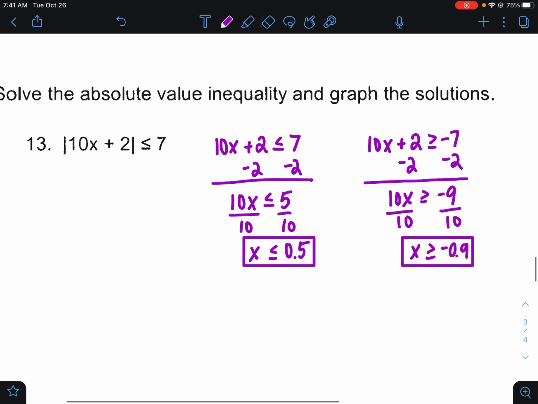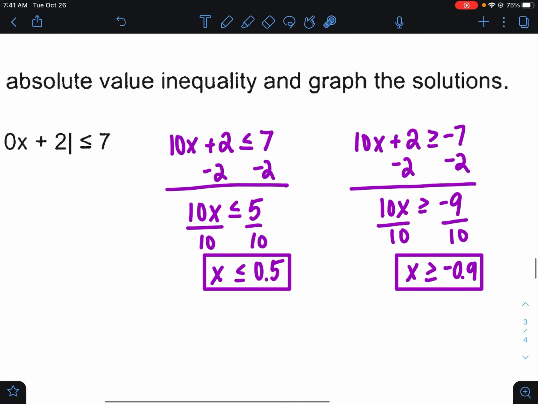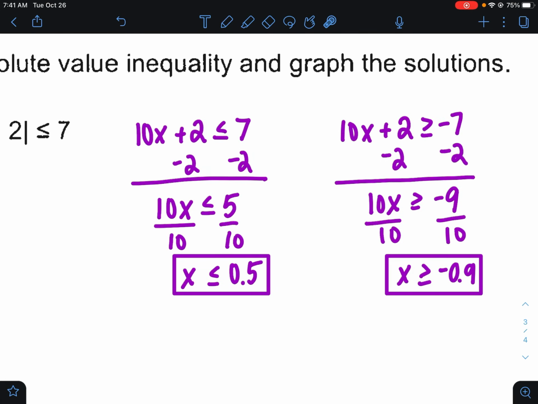This one here, solve the absolute value inequality and graph the solutions. Well, remember, we have to check, is the absolute value by itself? Absolutely. So we've got to set up a positive version of this, and we've got to flip it and do the negative version. By flipping, we're flipping the inequality sign. But we still solve using the exact same steps, and we end up with x is less than 0.5 or greater than negative 0.9.